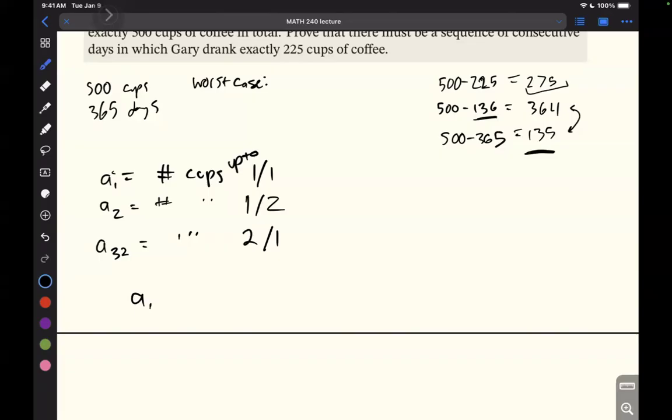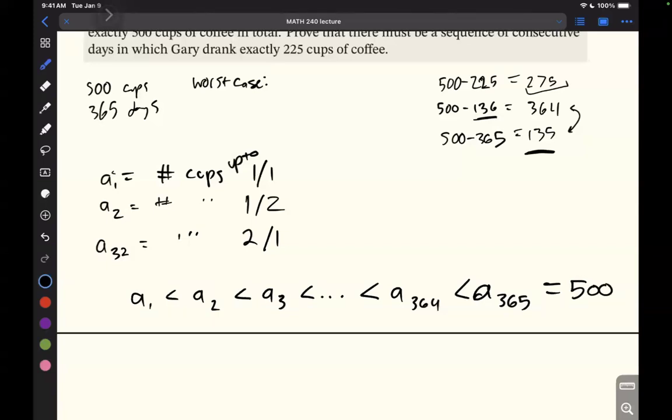And so we can write this sequence as an inequality where we have A1 is less than A2, less than A3, and so on. Exactly 500 cups, so he drinks exactly 500 in the year.